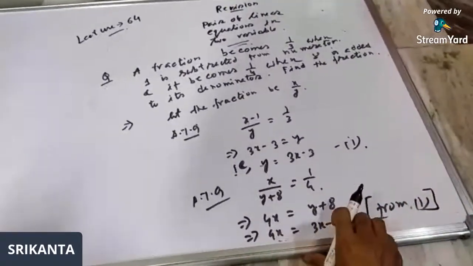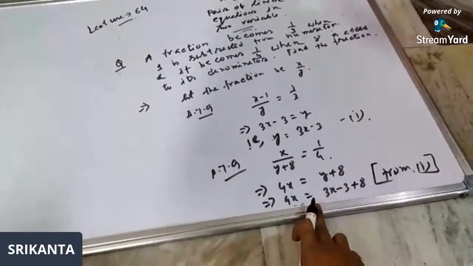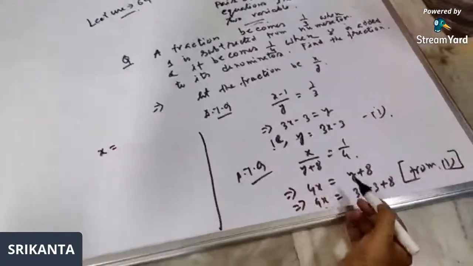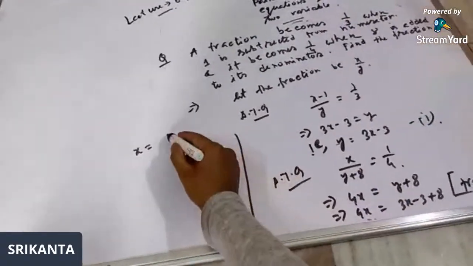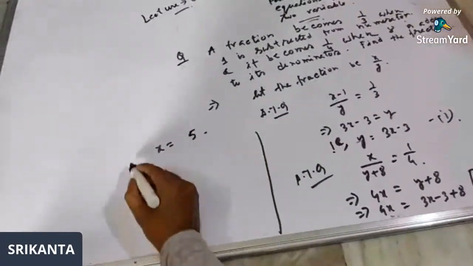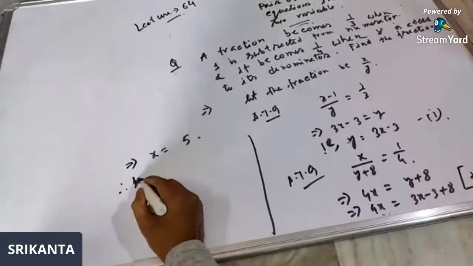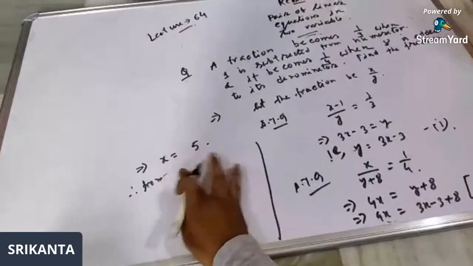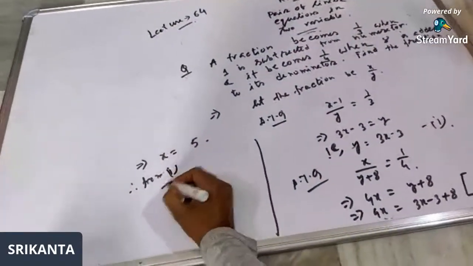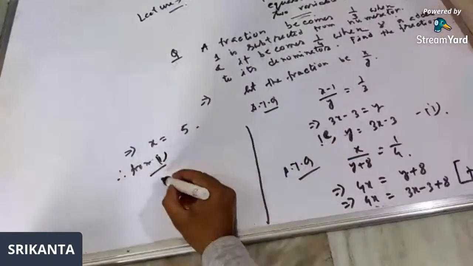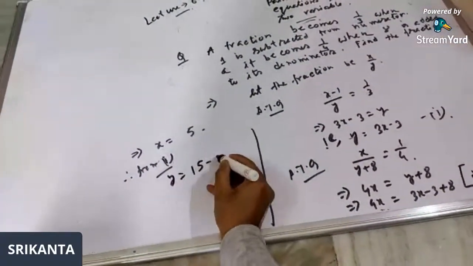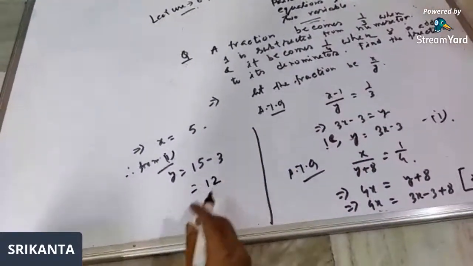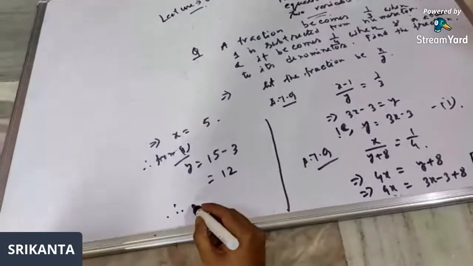Okay. Now simplify. 4x minus 3x will become x. And 8 minus 3 becomes 5. So x becomes 5. Therefore, from 1, what do you have? y is equal to 15 minus 3, because 3 into x, 3 into 5, 15. 15 minus 3 is 12. So that's the answer.